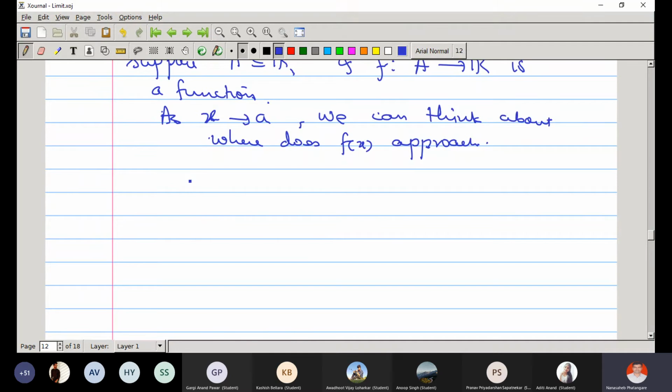But what is the problem in general? Suppose this is my set A, and this is my point A, and this is the graph of my function. Now as x approaches A, that means x is here, then f of x is here.